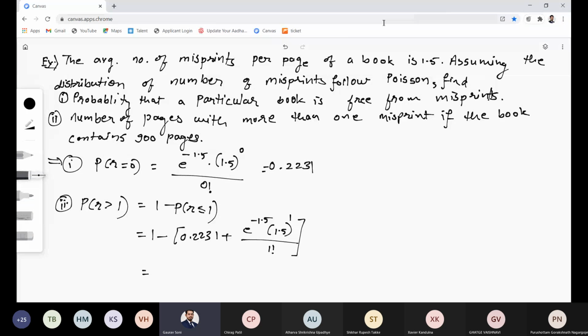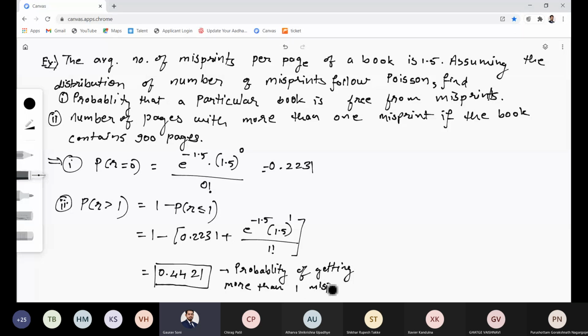So this is the probability that on a single page you will get more than one misprint. So out of 900 pages, that will be 0.4421 into 900.